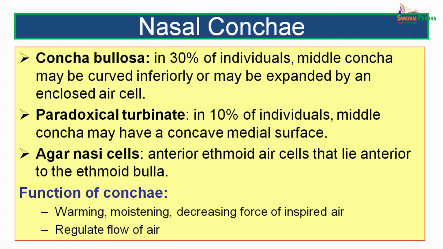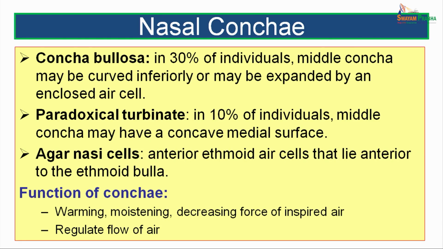Agger nasi cells. The anterior ethmoid air cells that lie anterior to the ethmoid bulla are known as the agger nasi cells. The ethmoid bulla is nothing but a bony elevation or a bulge which is seen in the middle meatus, and this is due to the presence of the middle ethmoidal air sinuses.